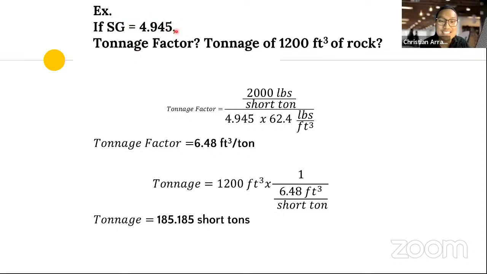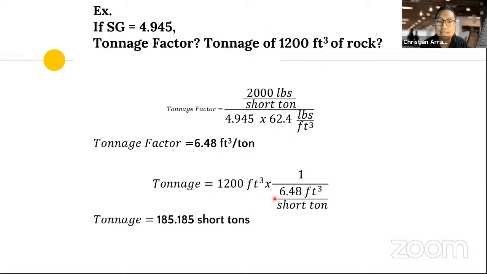Okay. So if SG daw is 4.945, ano ngayon yung tonnage factor? And how much tonnage do you have if you have 1,200 cubic feet of rock? Sige, unang tanong muna tayo. Kung ang SG ay 4.945, anong tonnage factor? So you just plug it in. So 2,000 pounds for every short ton divided by 4.945 times 62.4, makukuha niyo yung tonnage factor na 6.48 cubic feet per short ton.